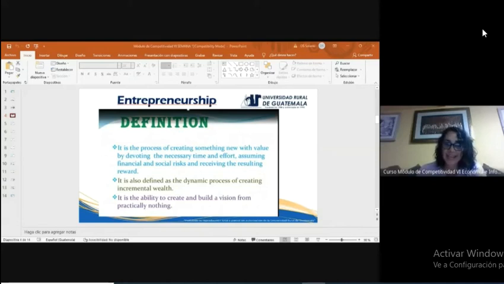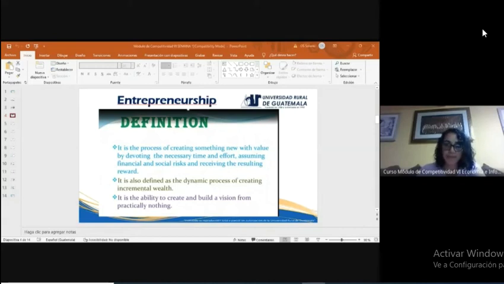The second concept that we have from entrepreneurship is that it is also defined as the dynamic process of creating incremental wealth. So this is our second concept, dynamic process. When we create, this turns into a dynamic process, and this is important. And the third definition, what is entrepreneurship?